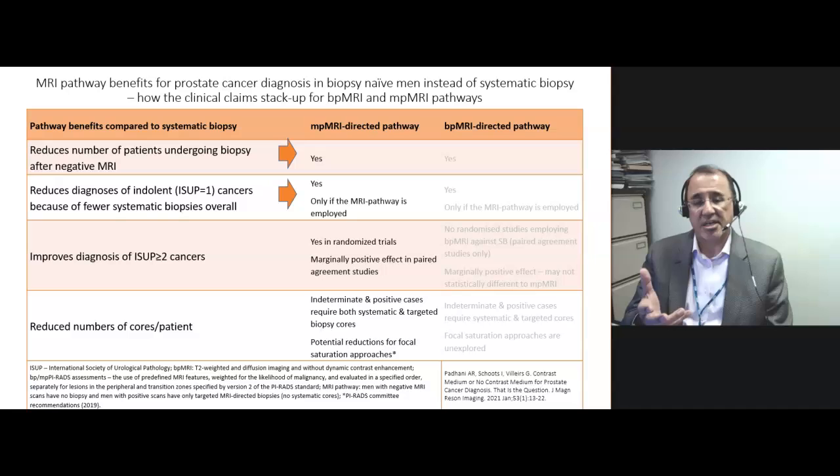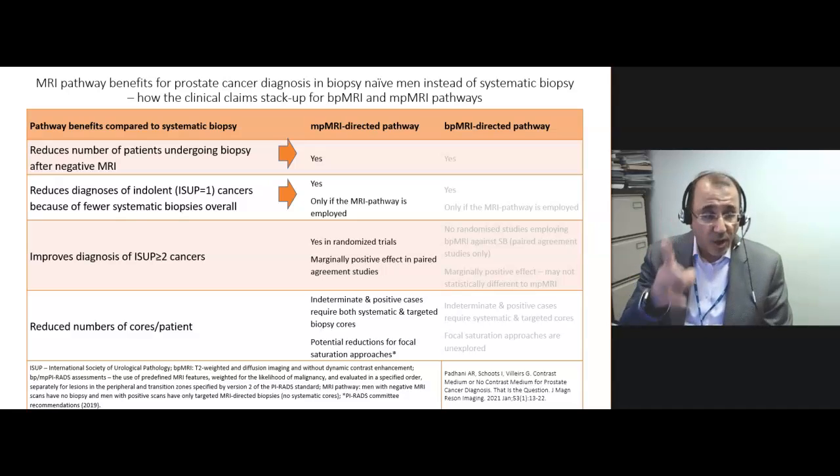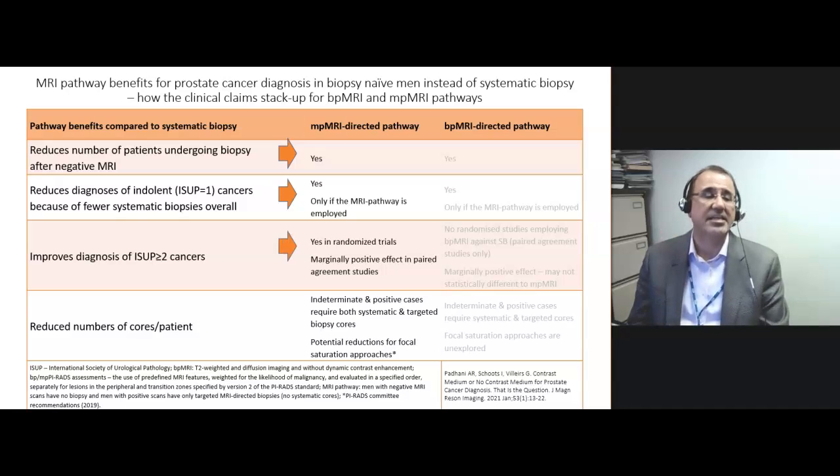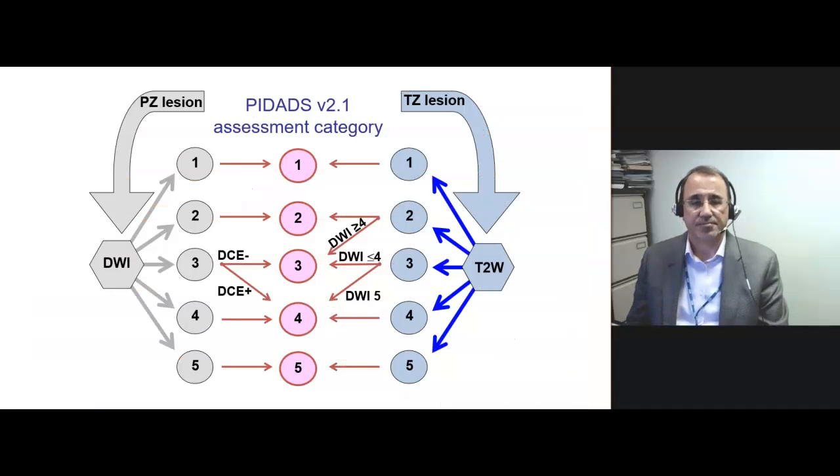It reduced the prevalence of insignificant disease, but we also know, and it has been shown in randomized studies and in prospective studies, that it improves the diagnosis of clinically significant cancers. Does biparametric MRI also show that? And that's the key thing.